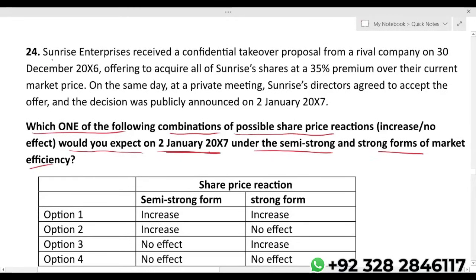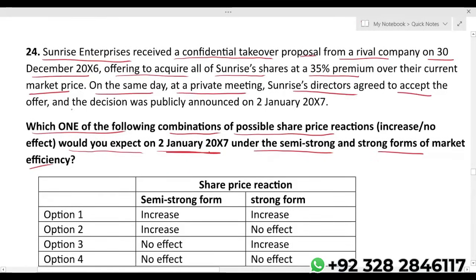Okay. Sunrise Enterprises received a confidential takeover proposal from a rival company on 30th December X6, offering to acquire all of Sunrise shares at a 35% premium, which is a very handsome premium, over their current market price. On the same day, at a private meeting, Sunrise directors agreed to accept the offer, and the decision was publicly announced on what?